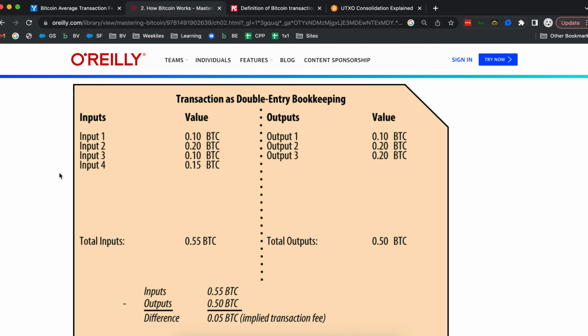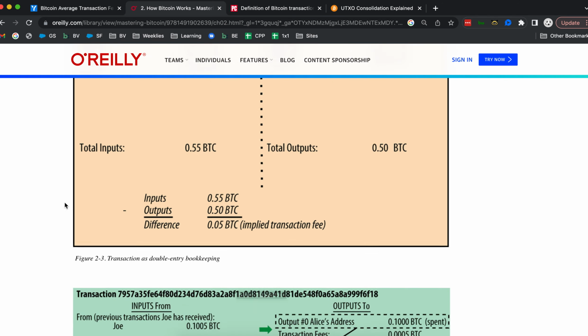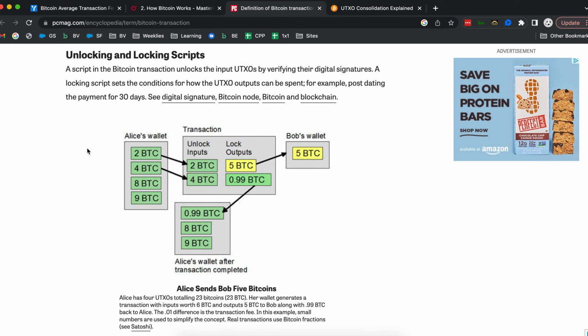If I wanted to send 50 Bitcoin to someone else, what your wallet will do is find a combination of these UTXOs, similar to reaching into your pocket and finding the correct amount of change, right? It will then take these UTXOs and send them in the form of a new output to the address, minus transaction fees.